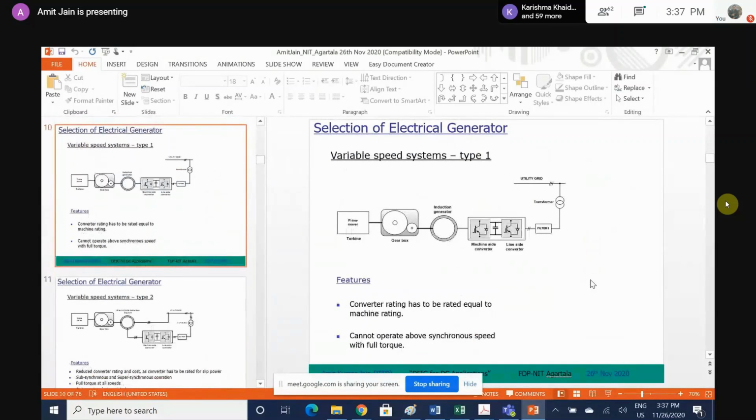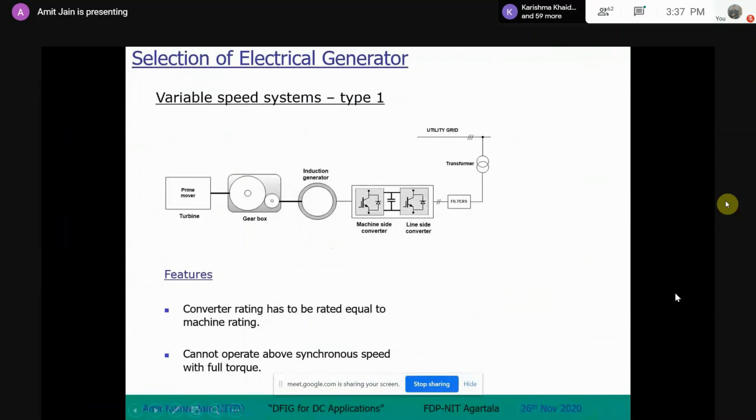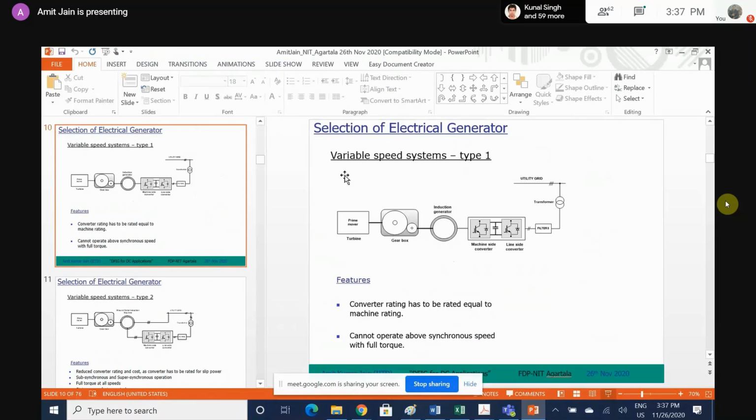Basically, if you talk about wind generators, these are the two configurations. One is an induction generator. It can be a PM machine also. So let me write it. This can be a PMSM also, right?